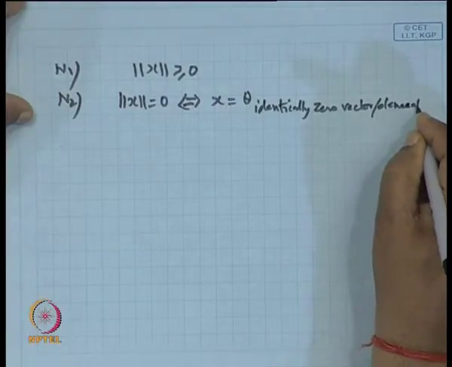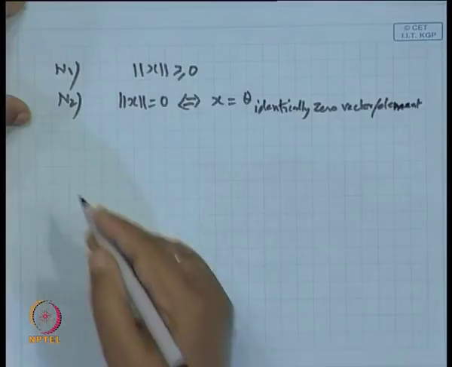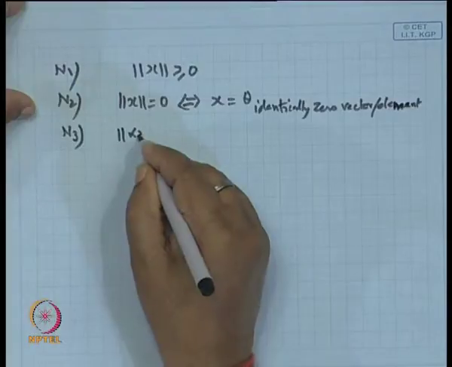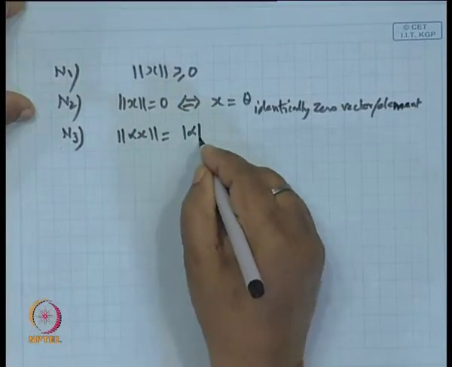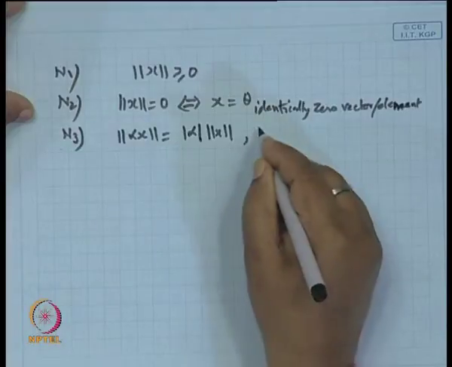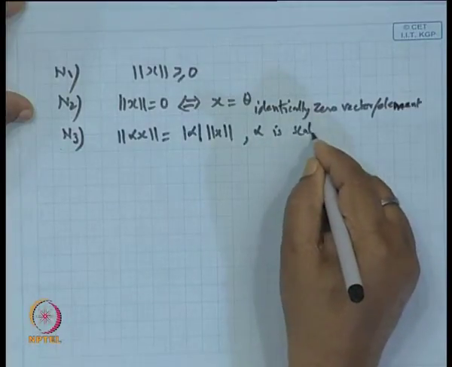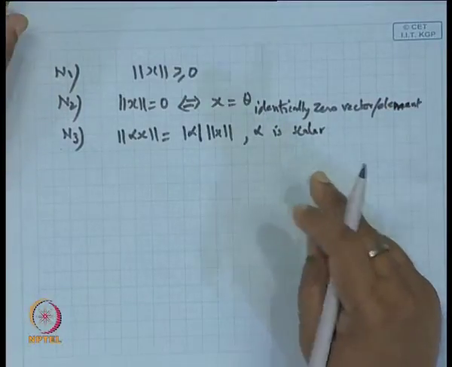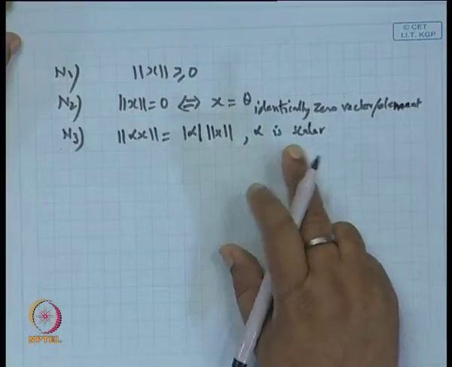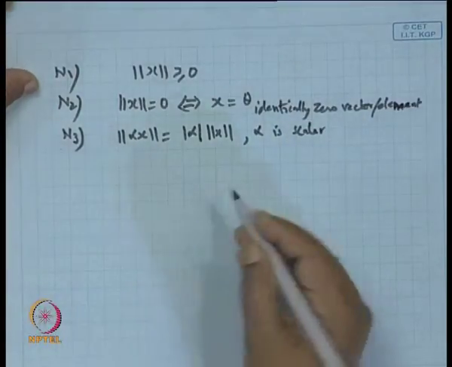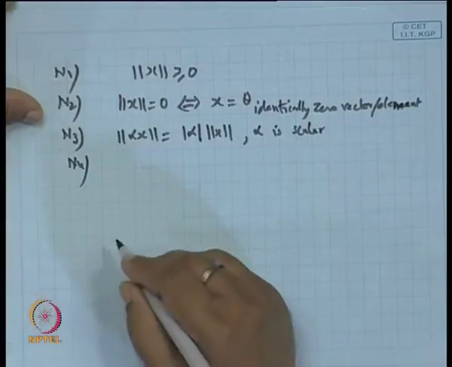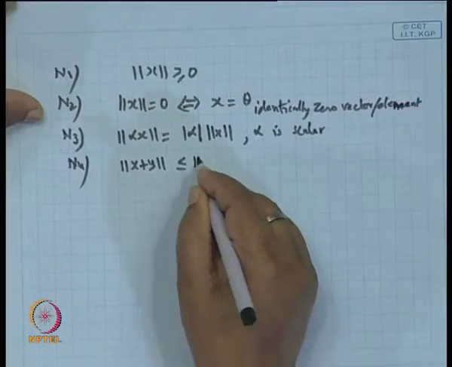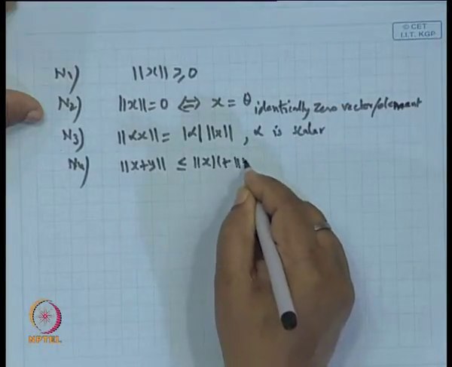N3: the norm of alpha x equals mod alpha times norm of x, where alpha is a scalar belonging to the field of the vector space X. If X is real, alpha will be real. If X is complex, alpha will be complex. And the last property, N4: the norm of x plus y is less than or equal to norm x plus norm y.